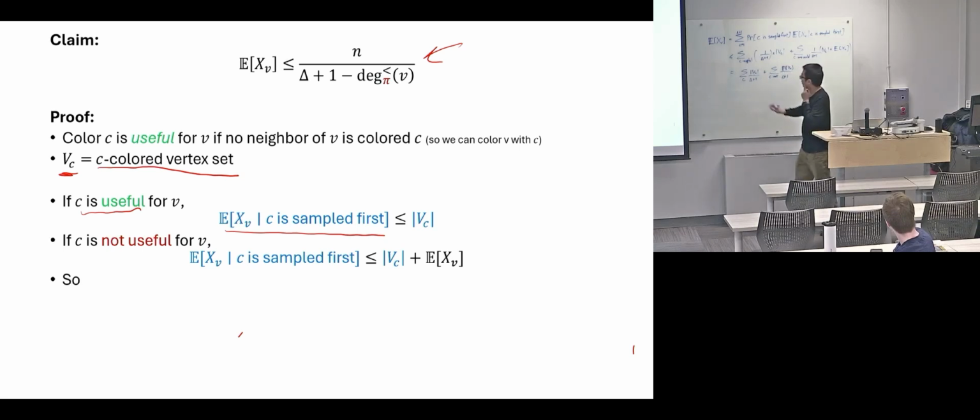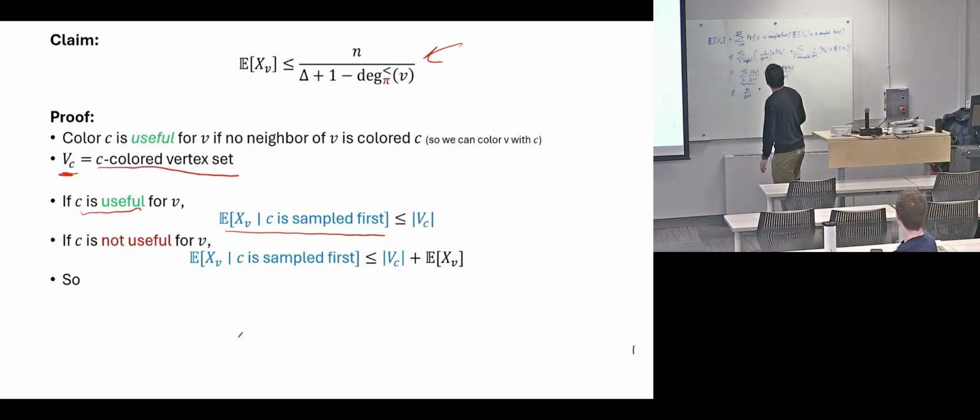What is this? This is the sum over all vertices. The sum of VC is at most n. So this is at most n.